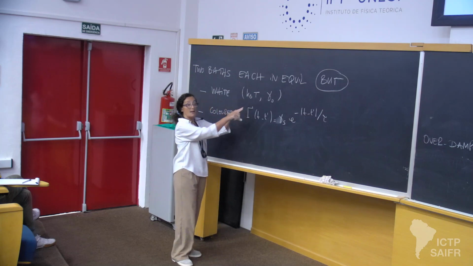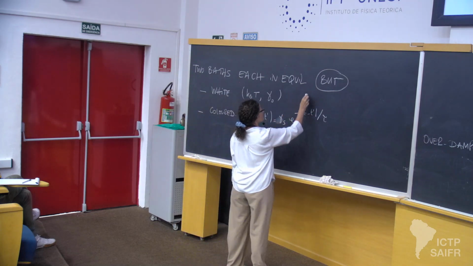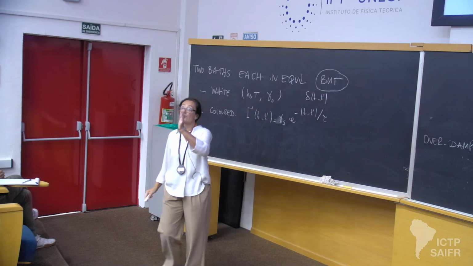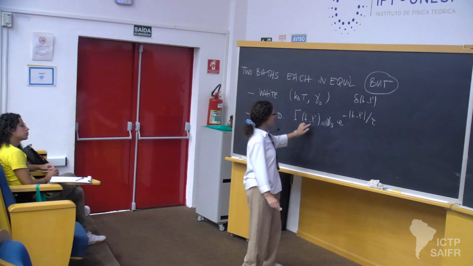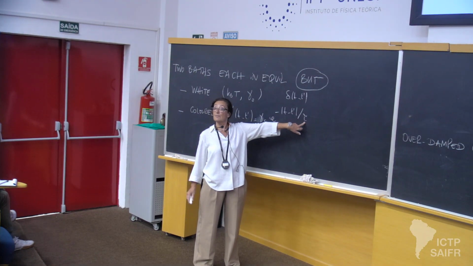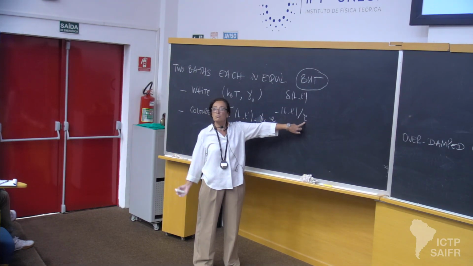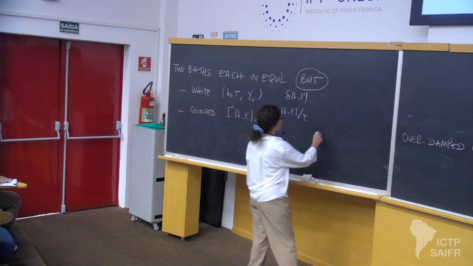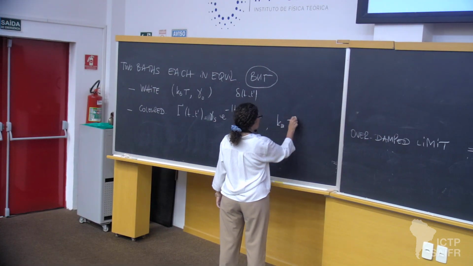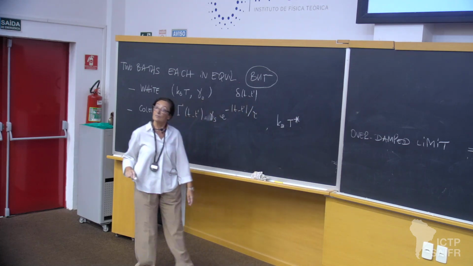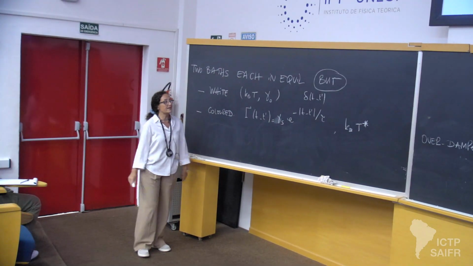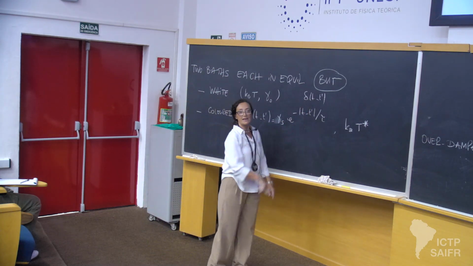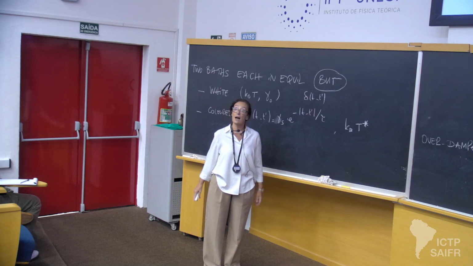Because the white one had correlations which were delta functions. So if you wish, they are instantaneous. They decay super fast, like a delta function. This one instead decays with a characteristic time, which I can make long. I can tune it. It's a parameter. And it has this other bath, another temperature, T star. Okay? So each of the baths is in equilibrium, but they are different baths because of the temperature and because of the relaxation time that they have.